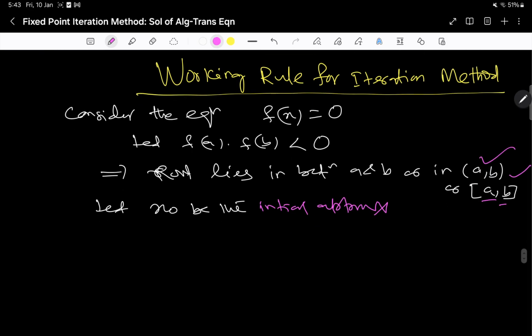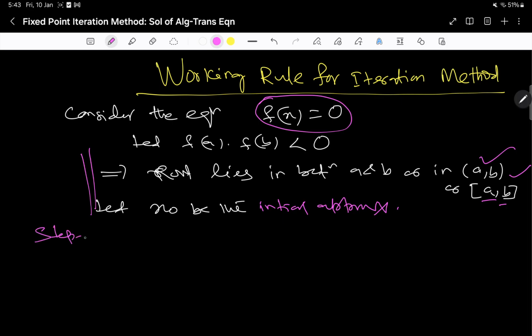So now we rewrite it. Now create the formula. This is your intermediate value property. Now we get the initial approximation, and now we create the formula.